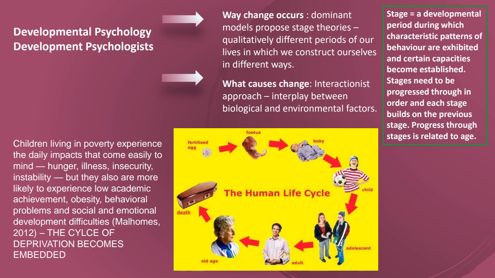So there are people who take the stage theory approach to development. And what causes the change can be an interplay. It's very much an interactionist approach between biological and environmental factors. We see that if we look at an environment where there is poverty and children living in poverty, where you have mothers who maybe are pregnant and don't have the right nutrition, or have environmental influences that cause damage to their unborn child.